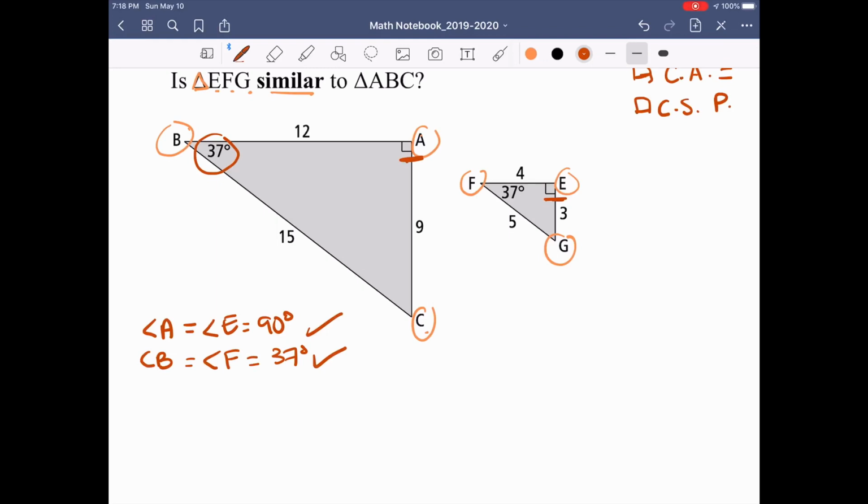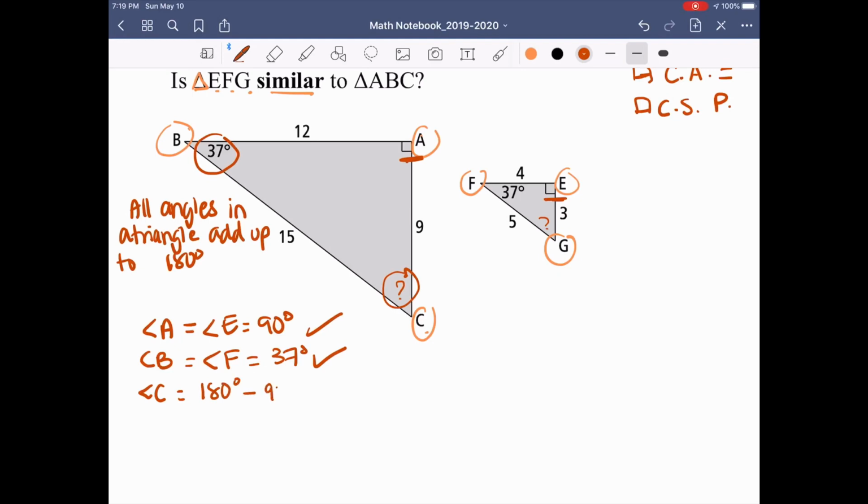And we don't know what angle C and angle G is, but we know that in a triangle, this is something we should know, all angles in a triangle add up to 180 degrees, okay? So angle C is equal to 180 degrees minus 90 degrees minus 37 degrees.